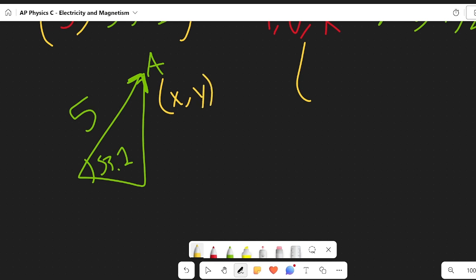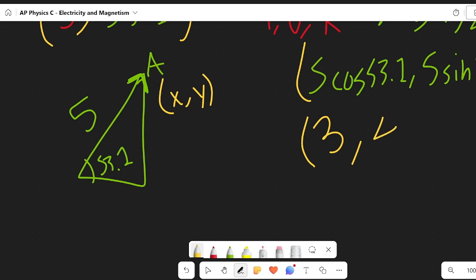The Cartesian coordinate will be representative of its x and y. So we will simply say this is 5. And remember, sine is opposite over hypotenuse. So it'll be 5 cosine 53.1, comma, 5 sine 53.1.